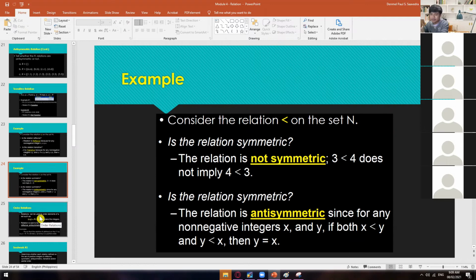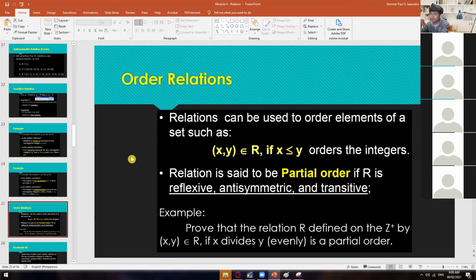All right. So I hope those examples are super clear to you guys. So let's now move on to the order relations. We have two parts under order relations: partial order and then the equivalence order. For now, we'll talk about partial order. A partial order is a relation wherein it should be reflexive, anti-symmetric, and then transitive at the same time.